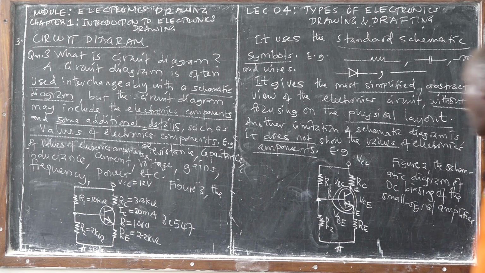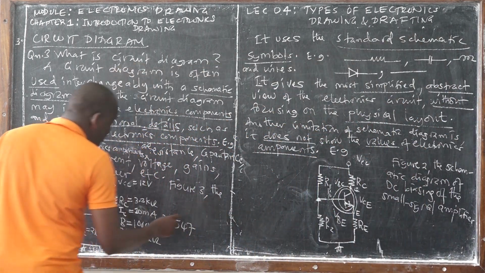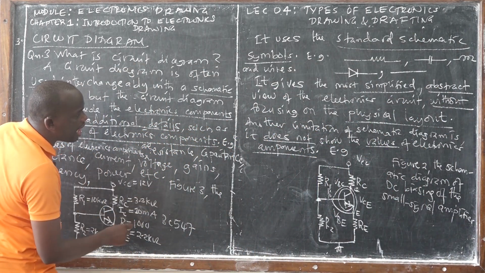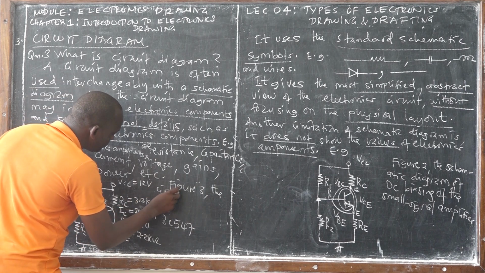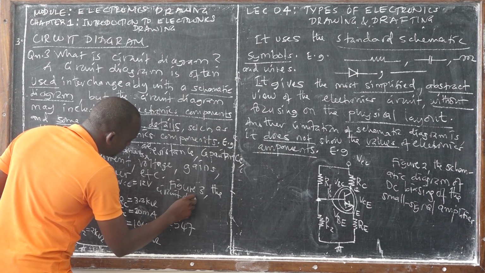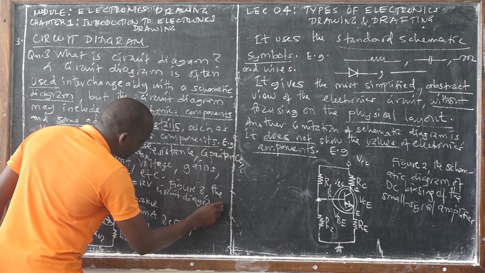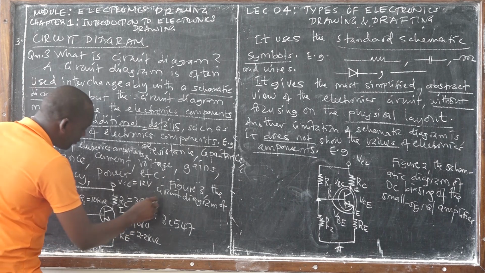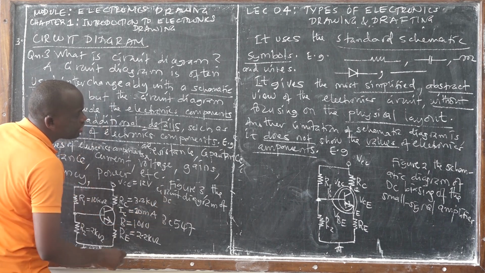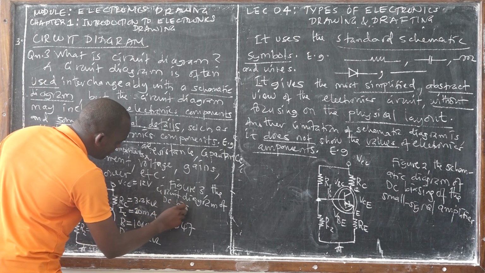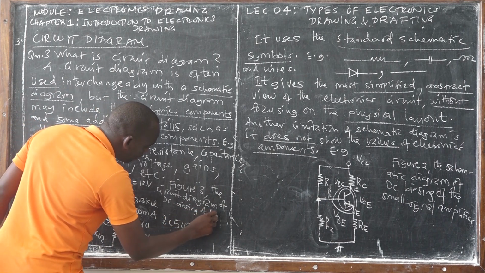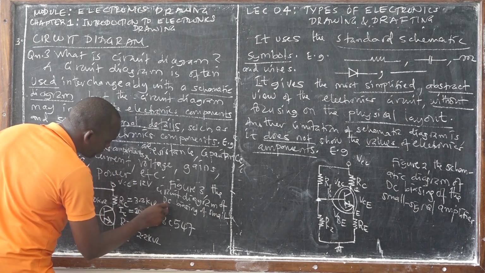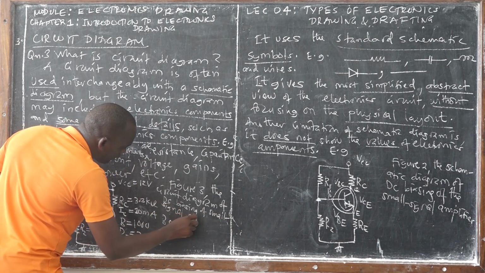So simply, according to the subject, you can call this the circuit diagram of DC biasing of small signal amplifier.